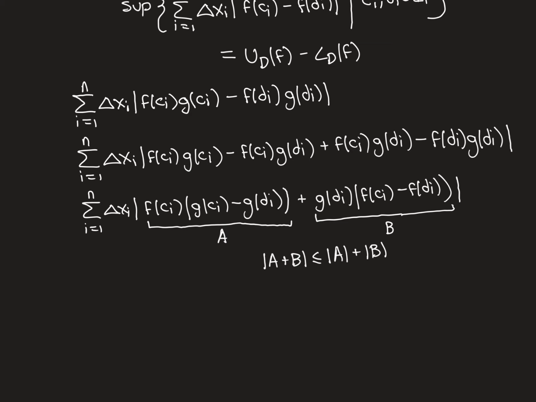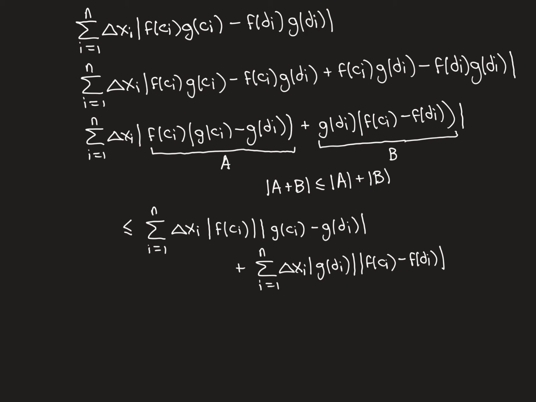Then what we'll do is we'll sum all of those inequalities together now. So we'll sum from i equals 1 to n, and we're adding all of the things on this side of the inequality together, and then on the other side we're adding all of the things on this side of the inequality together. And because all of these things are less than or equal to the things on this side, when you add all of these ones together, it'll still be less than or equal to all of these things added together. So that's what I've done here.